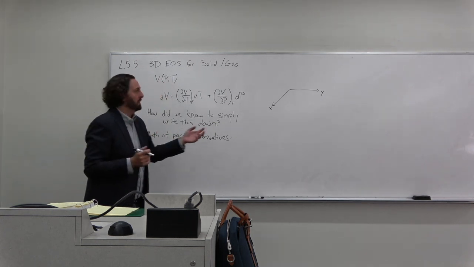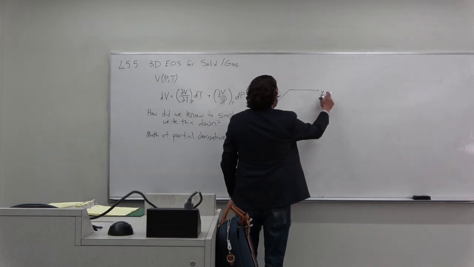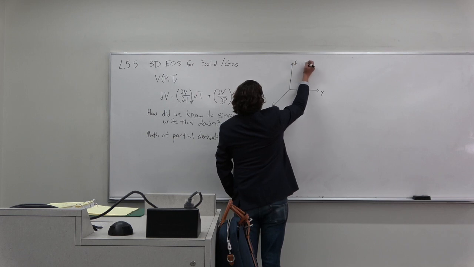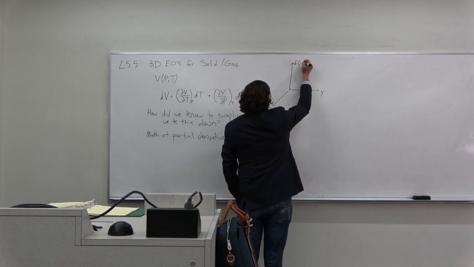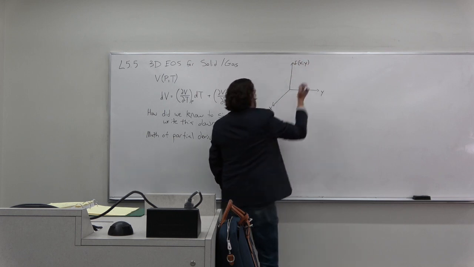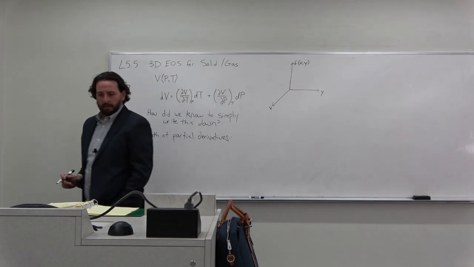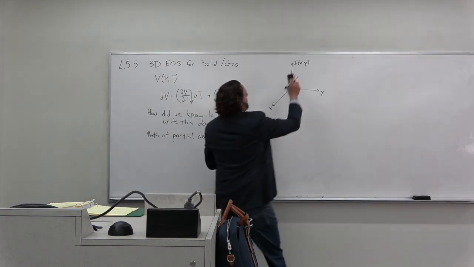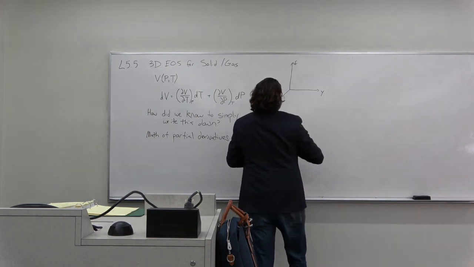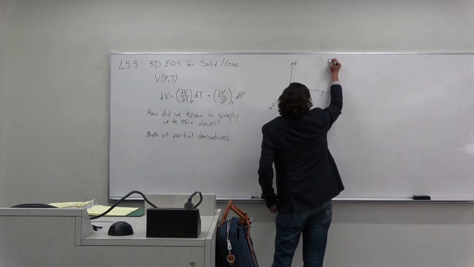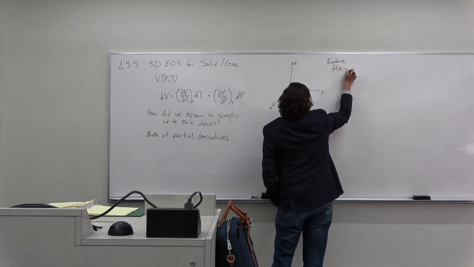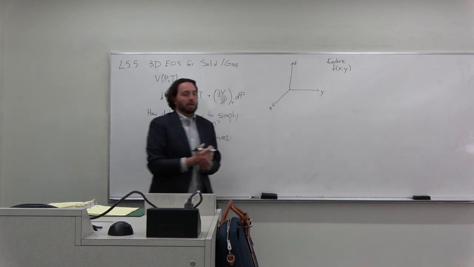They're the two variables, and we're going to ask, how does a function f depend on x and y, right? So we're just going to call that f, but we're going to explore how f depends on x and y.